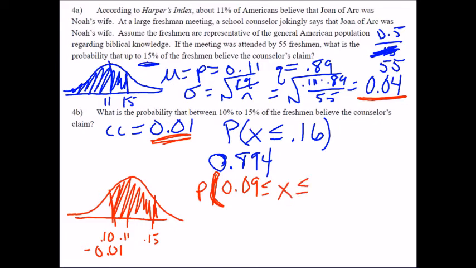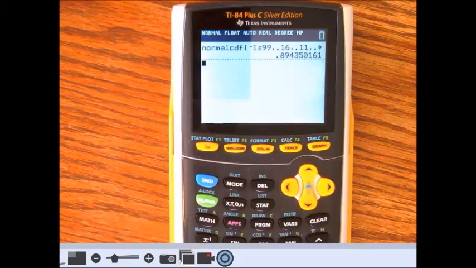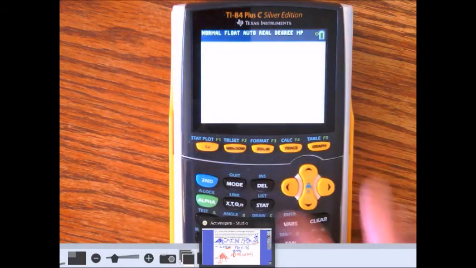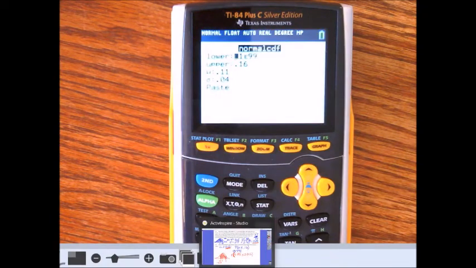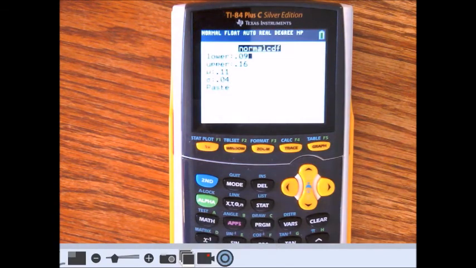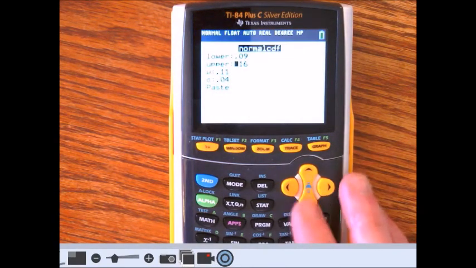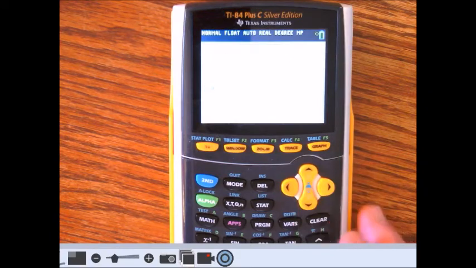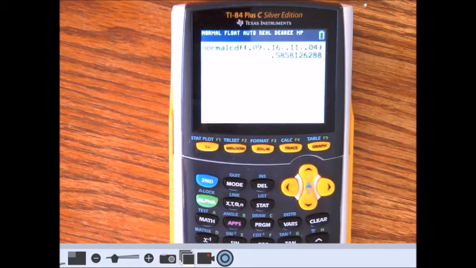And then I'm going to add on 0.01 to 0.15 to get 0.16. And then I'm going to let the calculator do the rest of the work. The lower point, I think I said 0.09, yep. Upper 0.16, mu 0.11, standard deviation 0.04. So the probability that it's in between is 0.586.